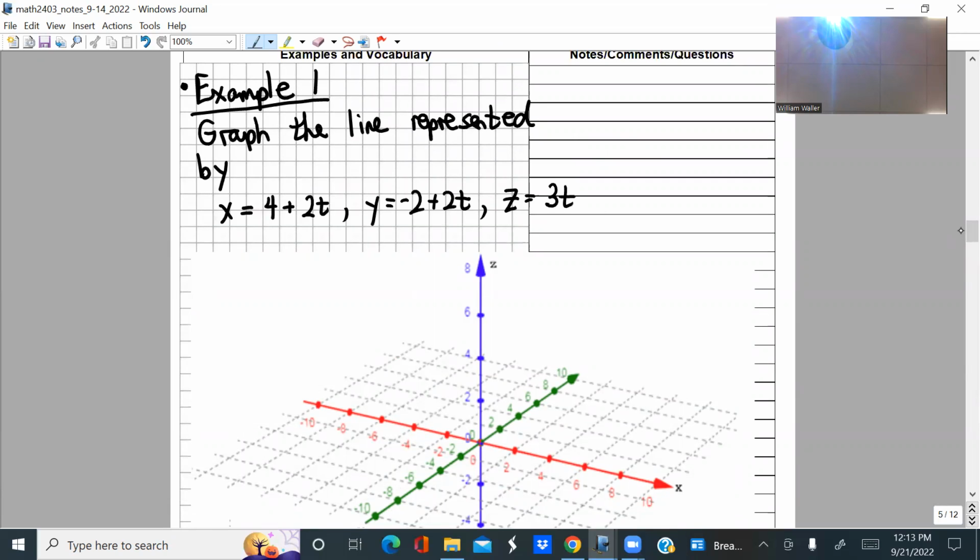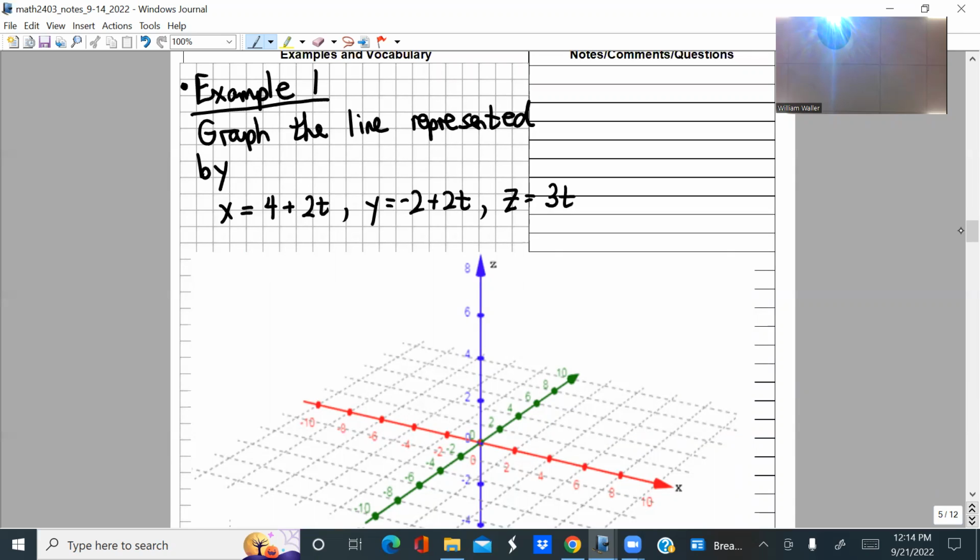So here we have the parametric equations for a line. You have x equal to some number plus some multiple of t, right? y equal to some number plus some multiple of t. z equal to some number, in this case 0, plus some multiple of t. All right, and I want to see if we can plot this line.